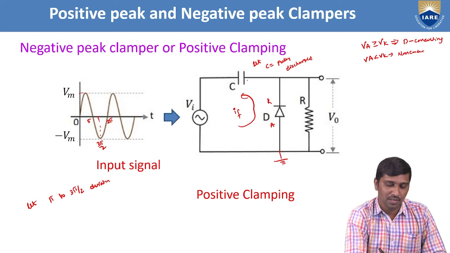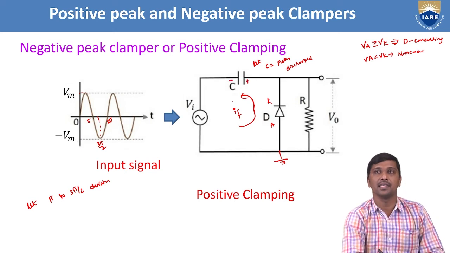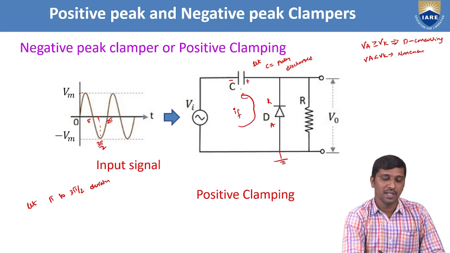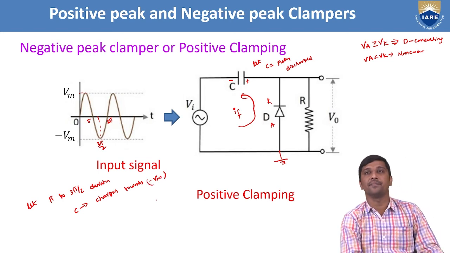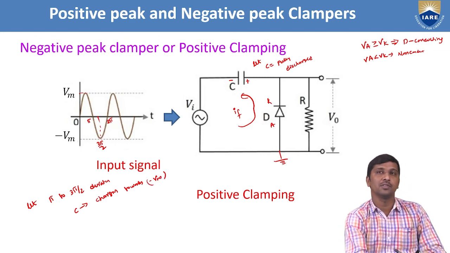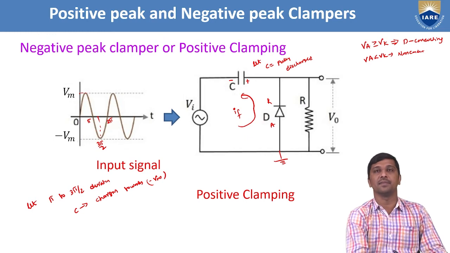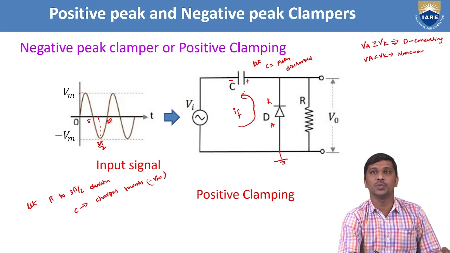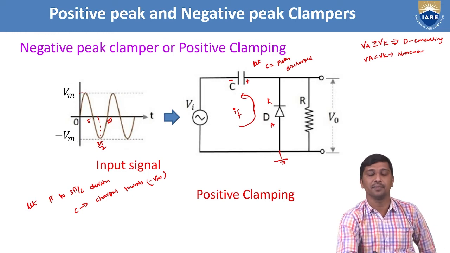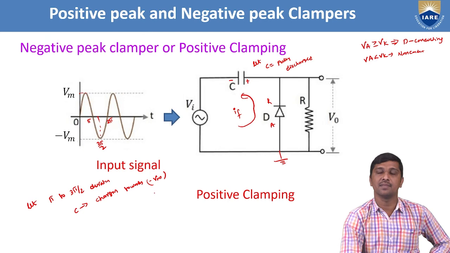Now this side is plus, and this side becomes minus. So the capacitor is now charging towards Vm. Which Vm here? The magnitude is minus Vm. Why? Because the input signal is also changing from 0 to minus Vm. That is the reason the capacitor is also charging towards the maximum voltage, which is represented as minus Vm.